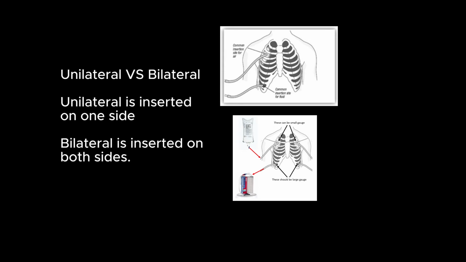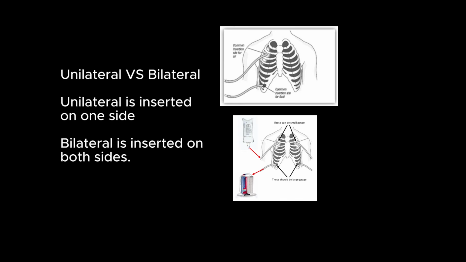Another thing we need to ask ourselves is where the chest tube is inserted. Remember we talked about apical and basilar. Another thing you must understand is unilateral and bilateral. Unilateral simply means it's inserted on one side. Bilateral simply means inserted on both sides.